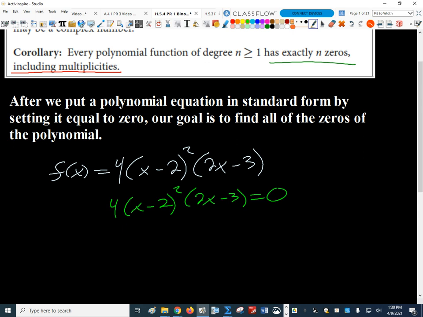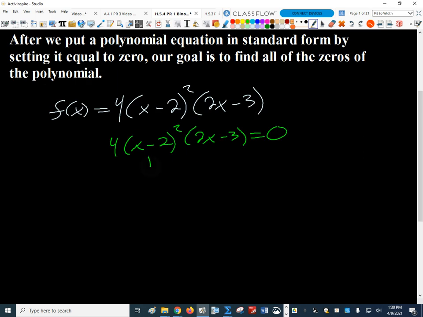So what are the solutions then? If I apply the zero product property here, what do we get for our zeros? What are the values that x could have? Remember the zero product property, right? We know that the product of factors can only equal 0 when individual factors are 0.